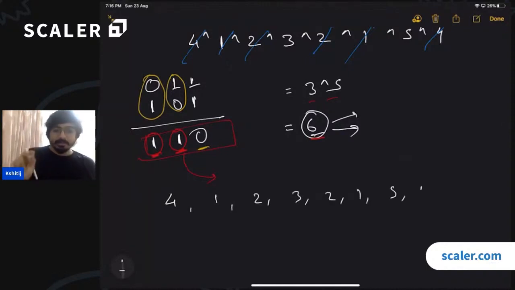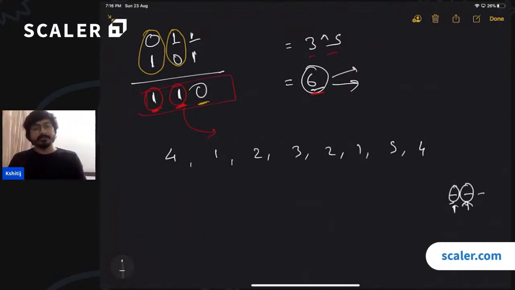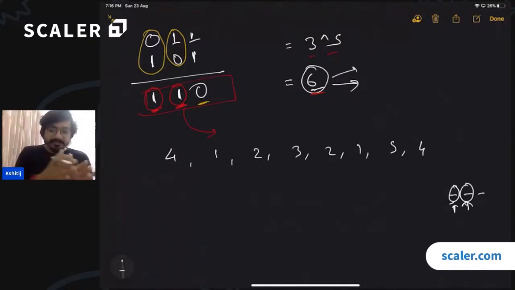I don't know which number is occurring an odd number of times, but the only information that I have is that the two numbers which are occurring an odd number of times are different in the second and third bit position. One of them is going to have a 0, one of them is going to have a 1.